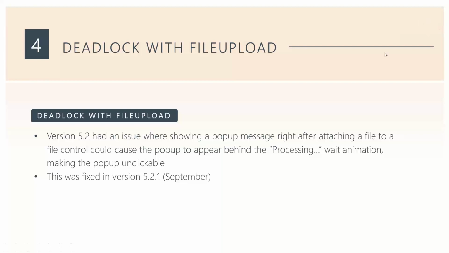Okay, thank you very much. So we've had a bunch of bug fixes in the past few versions. Luckily, nothing too huge so far, but there's just one we wanted to call out.